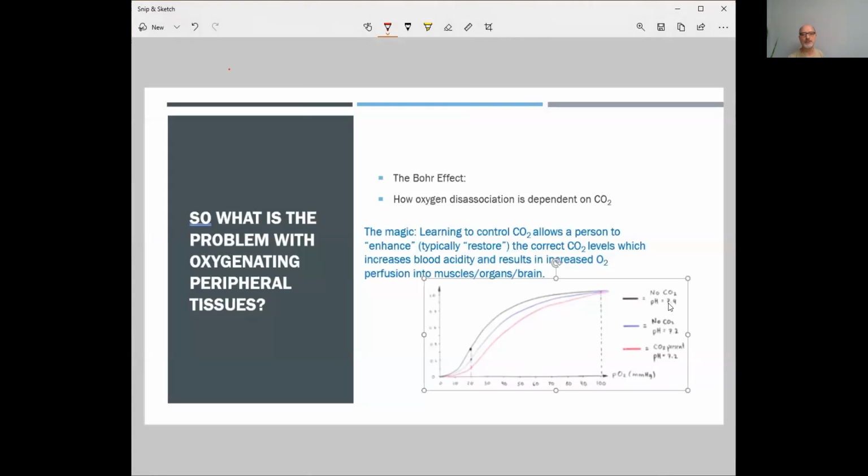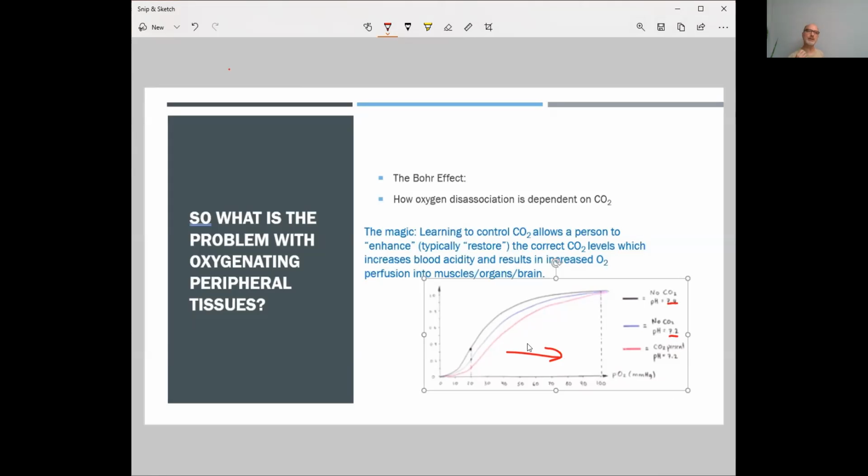Here we have relatively alkaline blood at 7.4, and then it's more acidic at 7.2. Here we have several curves, and as this curve shifts further and further to the right, that means oxygen more easily dissociates from the red blood cell.